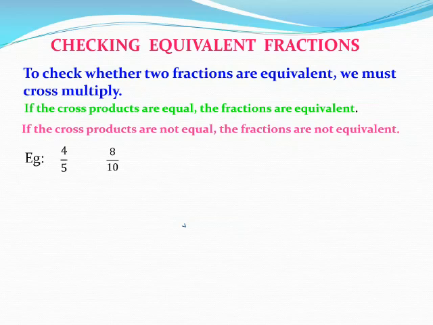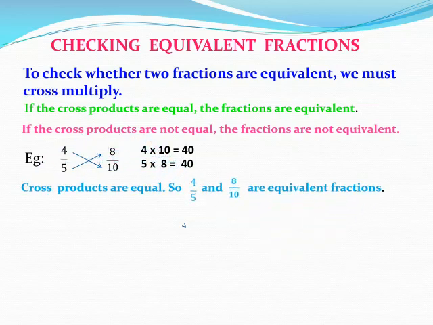First cross product is 4 into 10, which is 40. Next cross product is 5 into 8. 5 8s are 40. You can see both the cross products are equal. So what can we say? They are equivalent. 4 by 5 and 8 by 10 are equivalent fractions. They are equal.